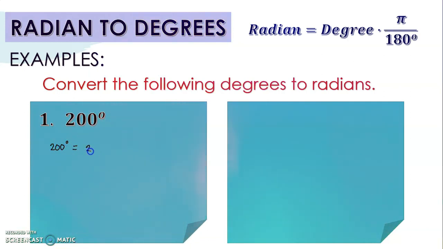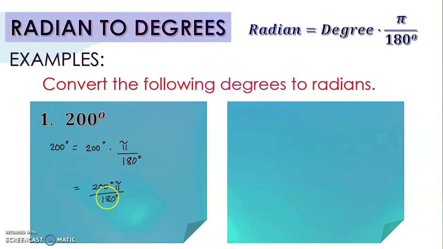So, in converting this one, 200 degrees is equal to 200 degrees times pi over 180 degrees. So, 200 degrees times pi becomes 200 degrees pi over 180 degrees.